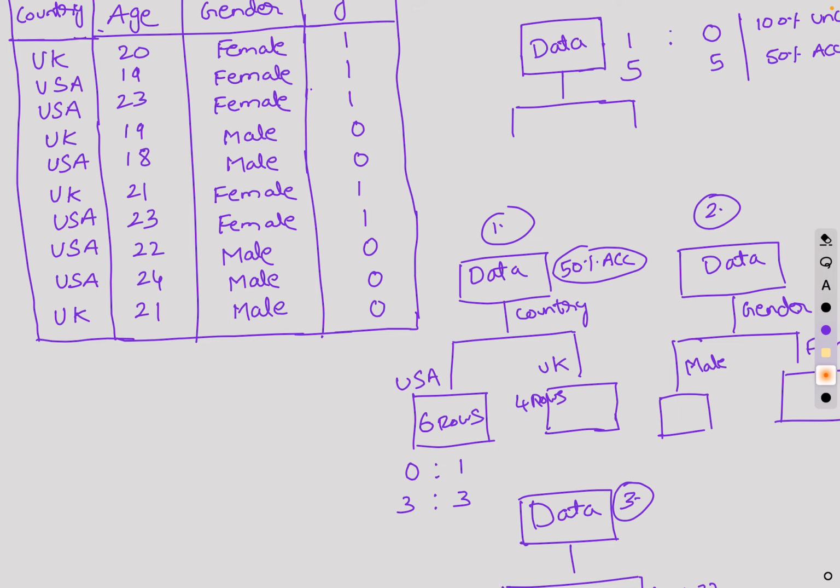If I predict that all of these 6 records belong to class 1, what is my accuracy? It's exactly 50%, because I am correct 3 times and wrong 3 times. If I predict that all 6 records belong to class 0, again my accuracy is 50%. So I am getting an accuracy of 50% over here, which means no jump in the accuracy from here to here.